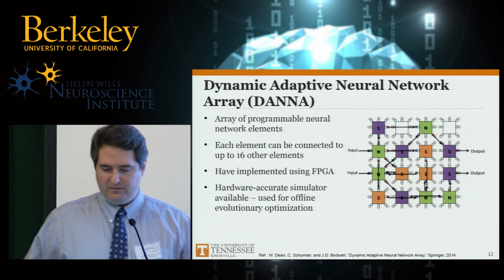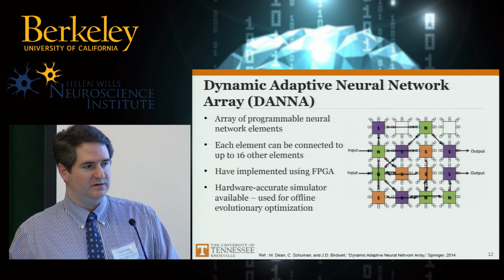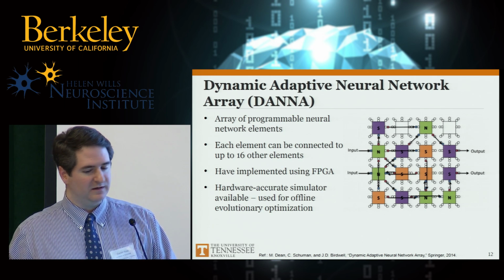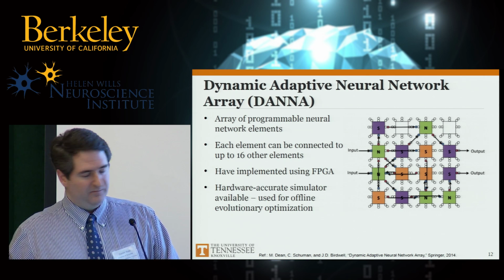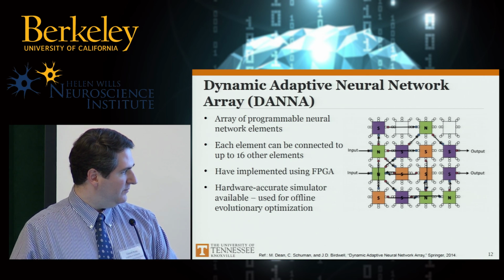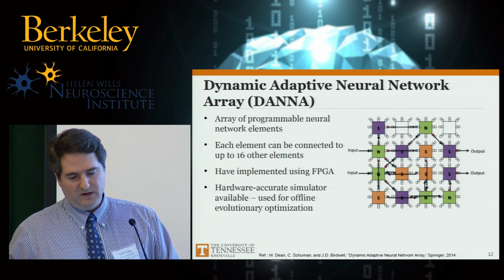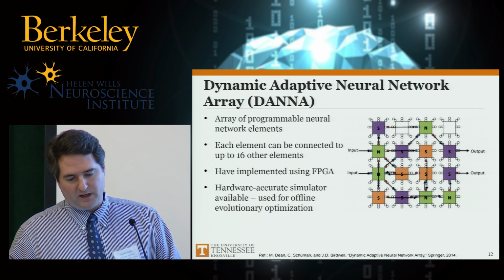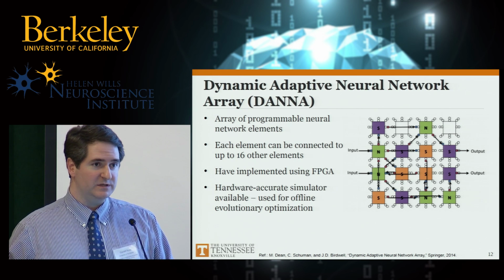So we do have an implementation of this, a digital representation that we've implemented using FPGAs. That's the DANNA, or Dynamic Adaptive Neural Network Array. This was developed by my colleague, Mark Dean, at the University of Tennessee. And it's an array of programmable neural network elements. The way I think of it is sort of a neuromorphic FPGA.